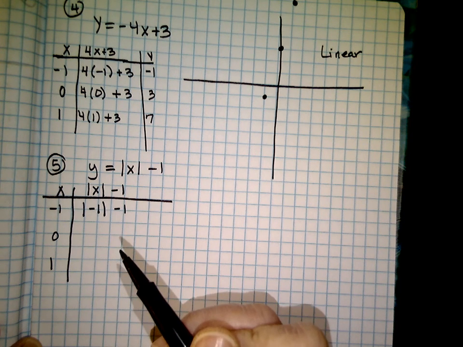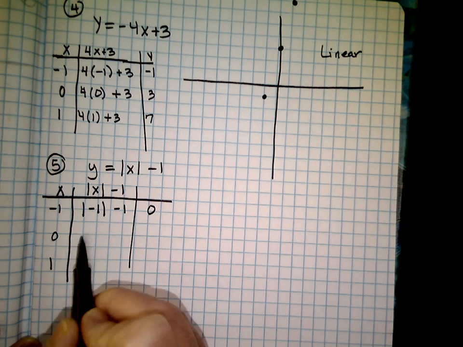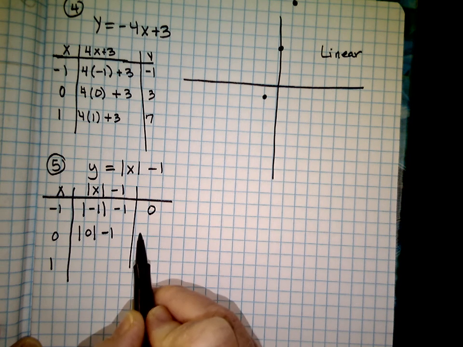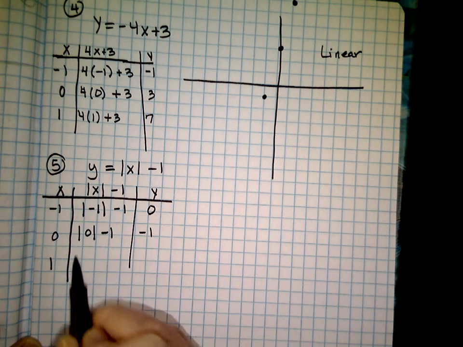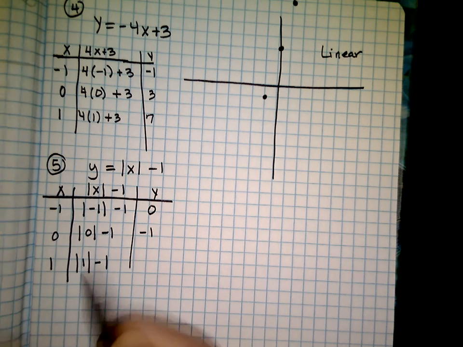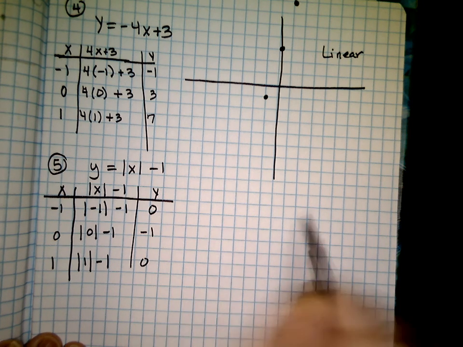What's the absolute value of negative 1? And 1 minus 1 is 0. Absolute value of 0 minus 1, negative 1. And the absolute value of 1 is 1. And then take 1 away, you get 0.